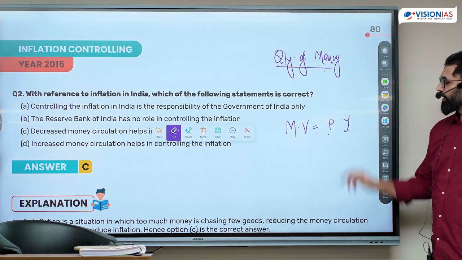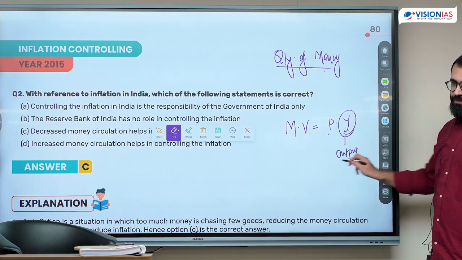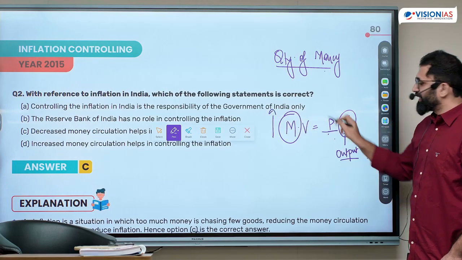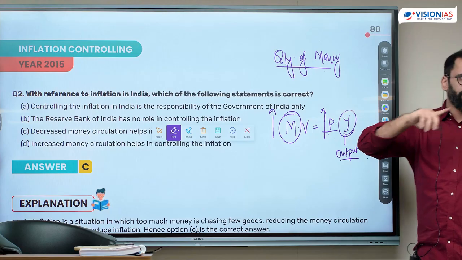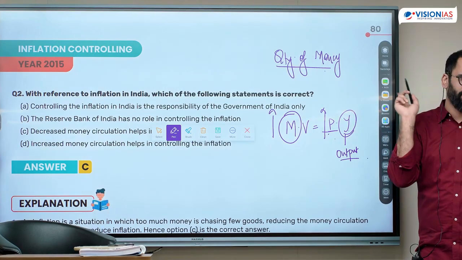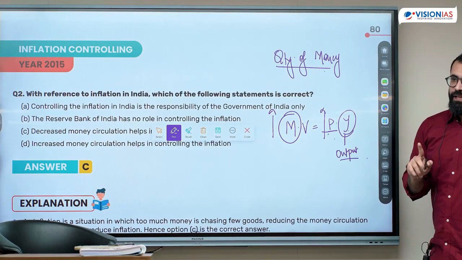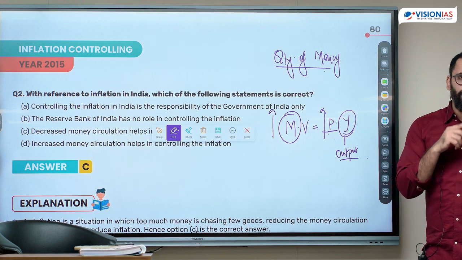What happens here: if the output of the economy does not change, this remains constant. If the quantity of money increases, the price level will also increase. There is an explanation to this: if there is too much money chasing few goods, the price will rise, or the value of money will fall. Why does too much money chasing few goods lead to a fall in the value of money?